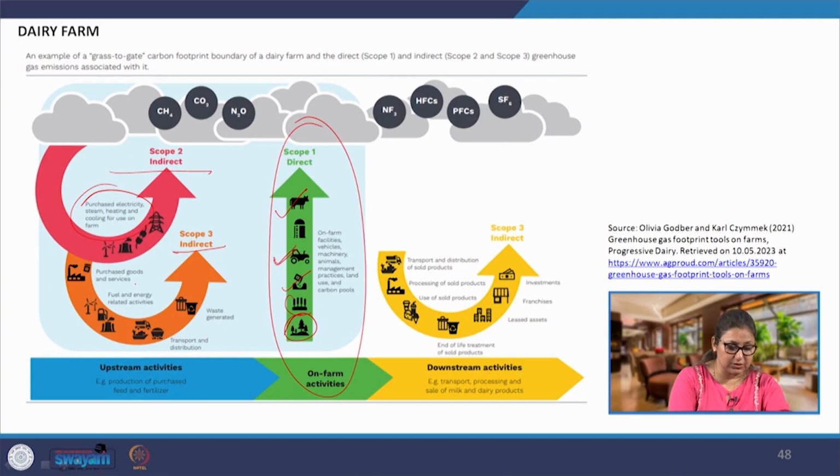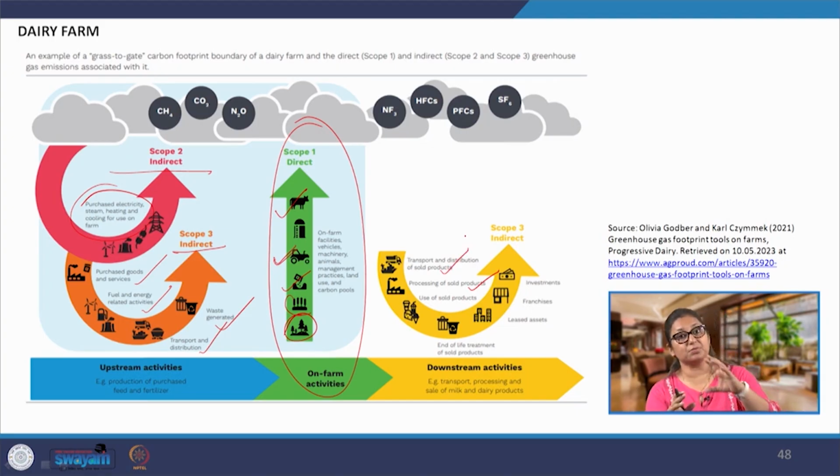So, purchased goods and services, fuel and energy related activities, waste generated during the upstream activities, and transport and distribution, which we have seen. We also have downstream activities and scope 3 indirect emissions as part of that. So, for a dairy farm, it could be processing of the sold products, and the transportation and distribution of the sold products.